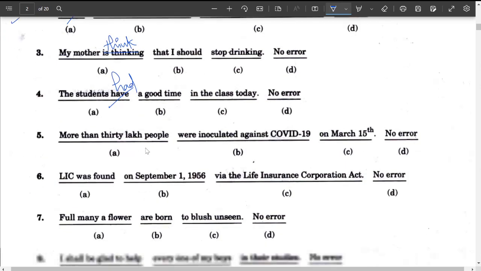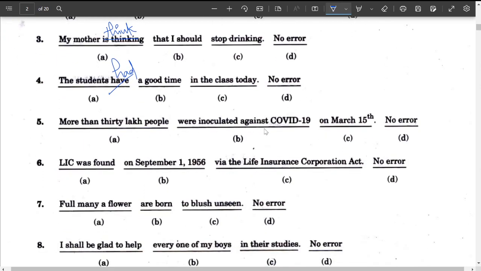Next, more than 30 lakh people were inoculated against COVID-19 on March 15th. More than 30 lakh people, there is no error till here. More than 30 lakh people, plural, were plus inoculated, that means vaccinated. V3 can be used. Against COVID-19 on March 15th, so no error in this case.